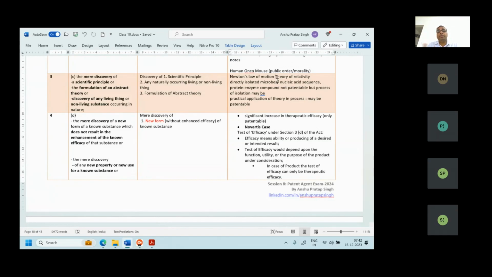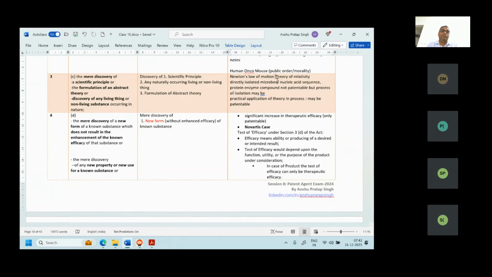However, if you isolate something from them, which could be isolated and then used, then the process of this isolation as well as keeping it intact outside can be patented. How you are protecting it, isolating it, so that it is not getting degraded or denatured.